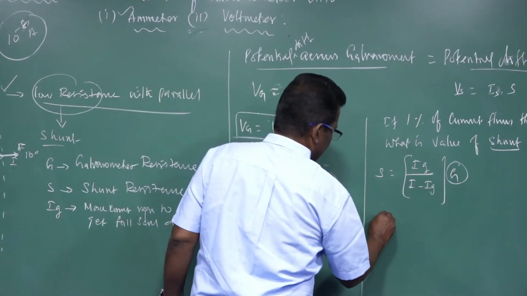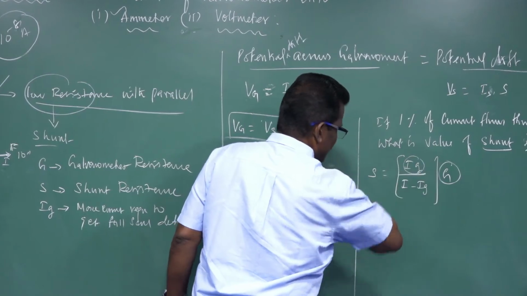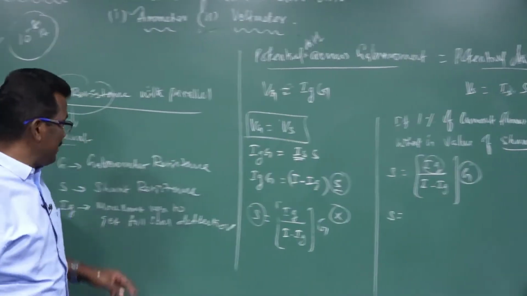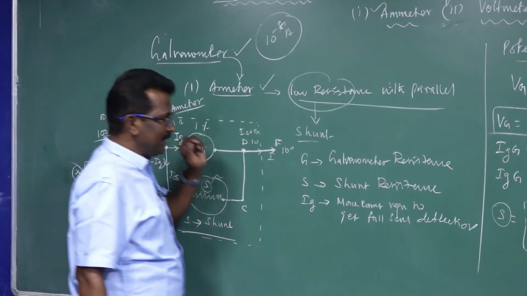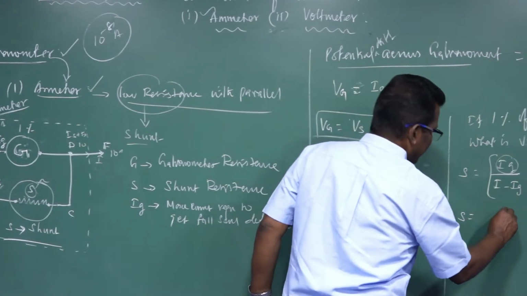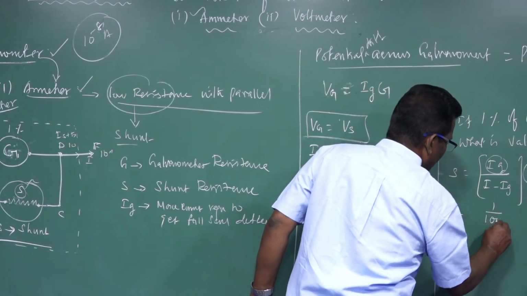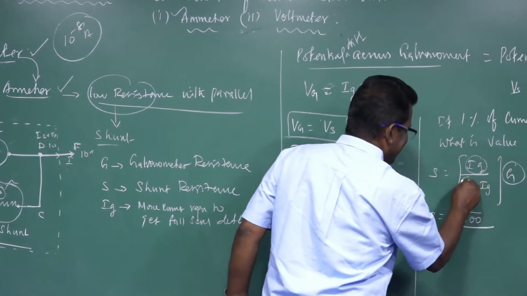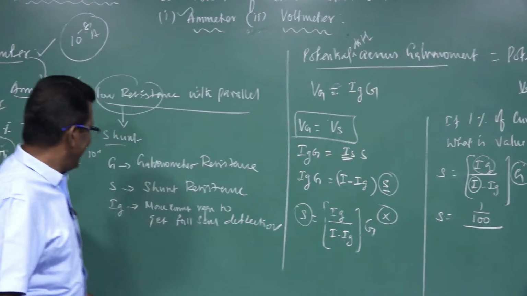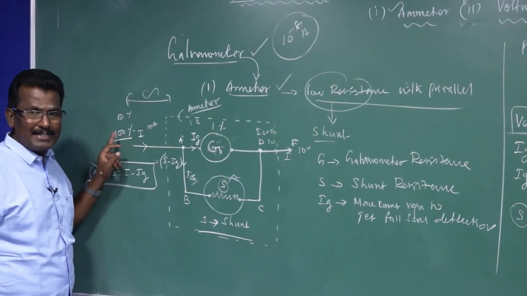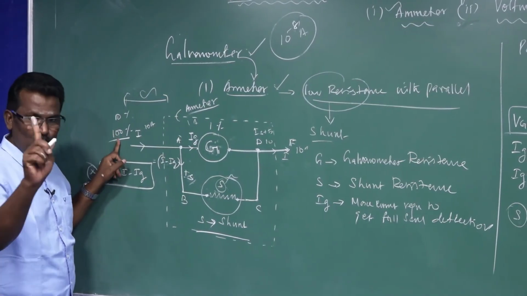So S is equal to, what is Ig? Ig is 1%, 1 by 100, divided by, what is I? I is 100%, 100 by 100, 1.